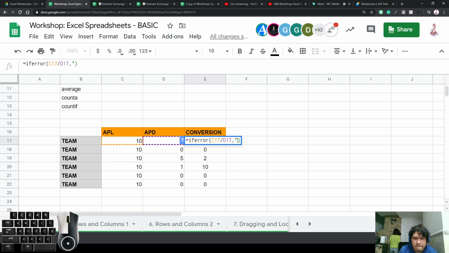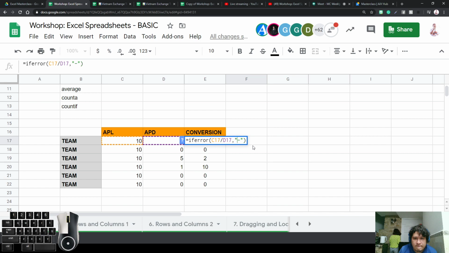The important thing to know is that whenever you want to put a text, you have to put the text between quotation marks, because otherwise, if I don't put these two little things here, this is gonna be a minus sign. So this is gonna act like a formula, but I want it to be like a text.